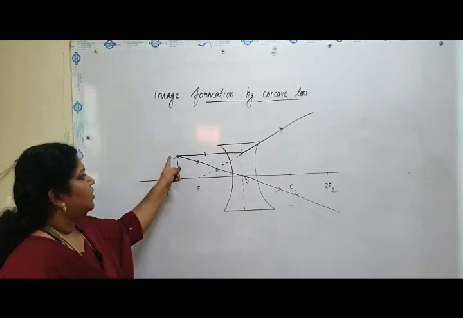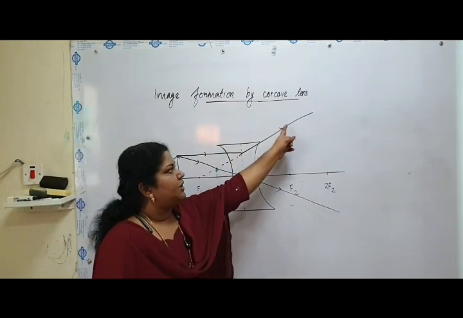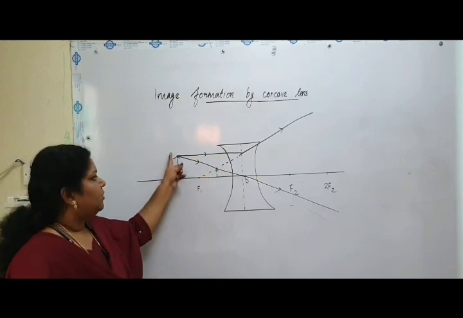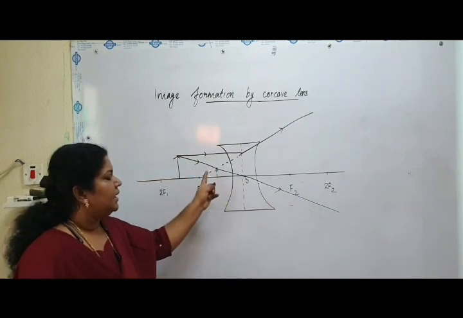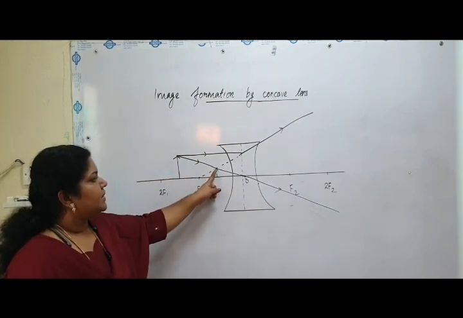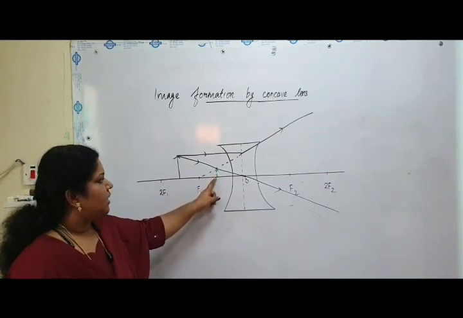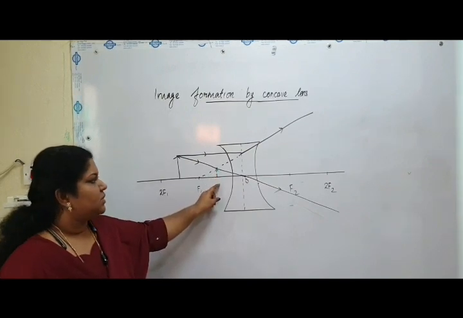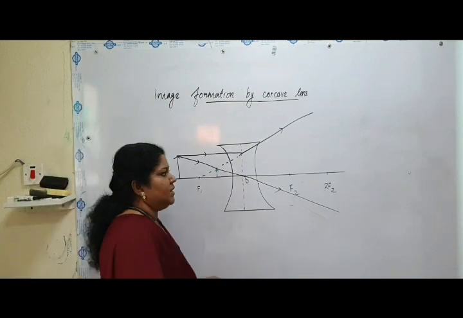The first type of ray which is drawn is a parallel ray. A parallel ray will diverge after refraction and appears to come from the focus. Now the next type of ray is the ray which is coming through the focus. You can see that it will go undeviated. And where these two rays are meeting, at this point, I have drawn with the help of a green marker. So here you can see a virtual erect image is formed in the case of a concave lens.